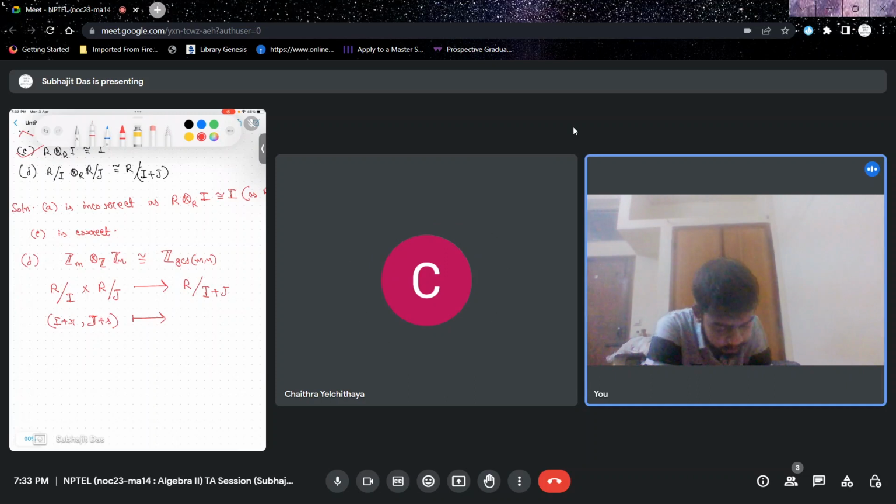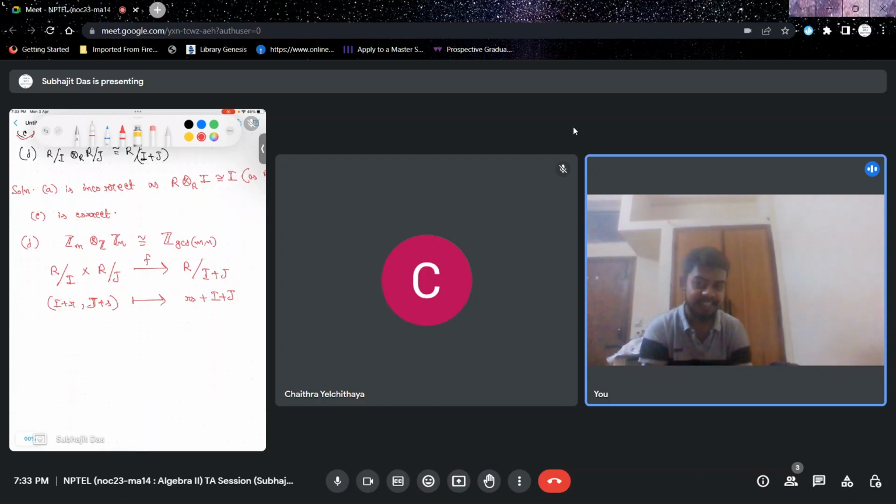Okay, let's see if r times s actually works. r times s plus I plus J. Okay. So tell me something, is this R bilinear? So we have defined a mapping f of this into this. Is this R bilinear? It is, right?